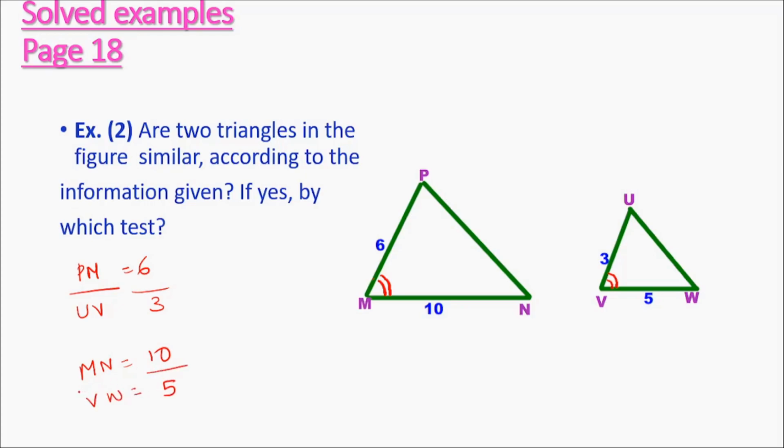Angle M is congruent to angle V, double sign, that means they are congruent.